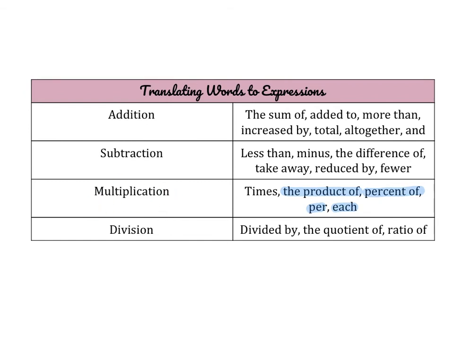Again, those are all keywords that could tell you to use multiplication. And then last, if you see divided by, the quotient of, the ratio of, that should tell you to use division. So we're going to be looking for different keywords that tell us how to set up our algebraic expression.